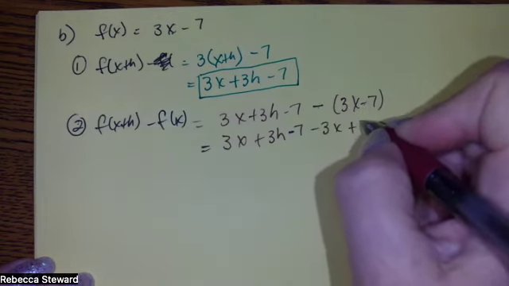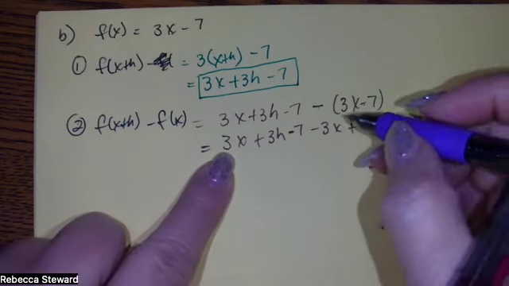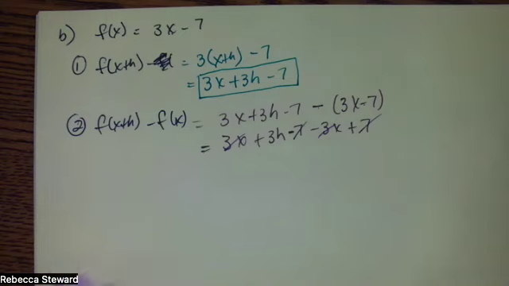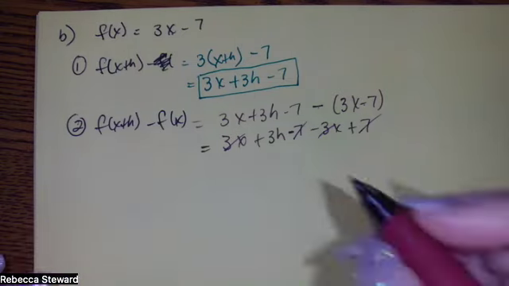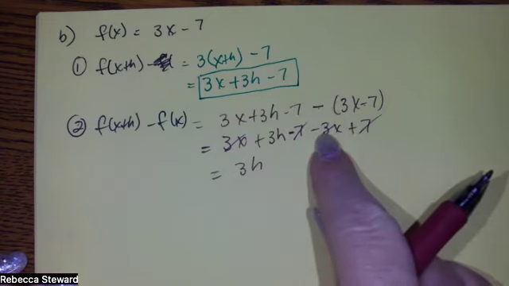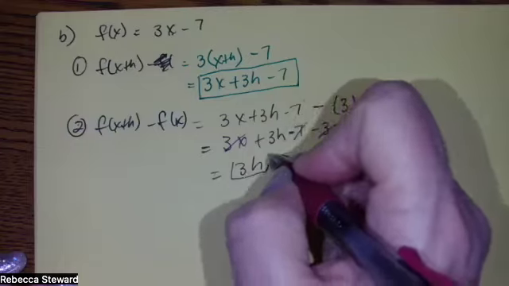Negative times a negative is positive 7. And again, like we talked about, some of these are going to cancel. Our positive 3x and our negative 3x, and our negative 7 and our positive 7. Those will cancel out. That will leave us with 3h, and that's it, because everything else has canceled.